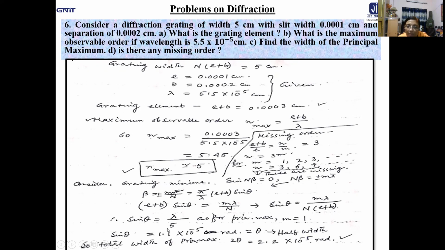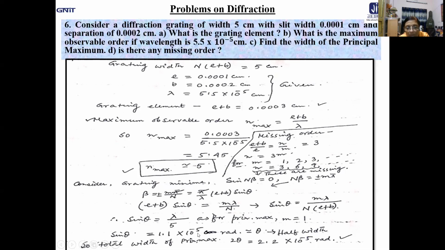Let us put the value here. For the width of the principal maximum we need the first order minimum, so m equal to 1. So sin theta equal to lambda by 5. Now things are very easy.